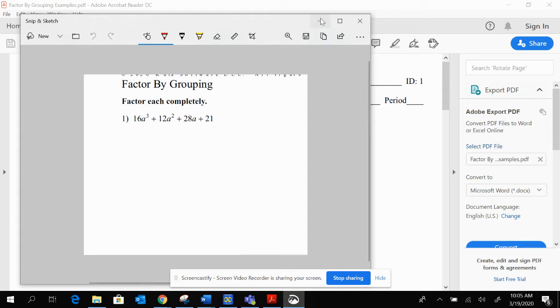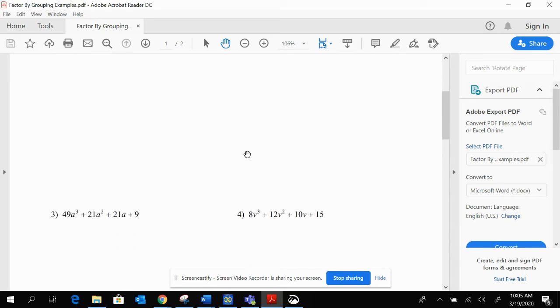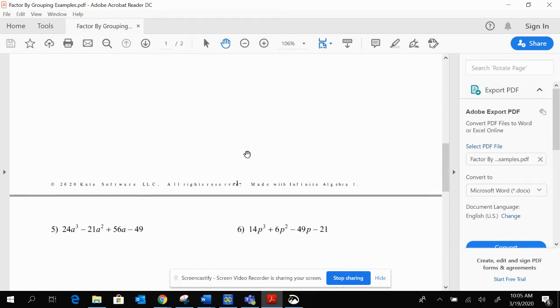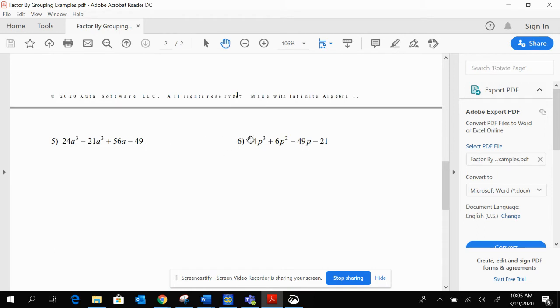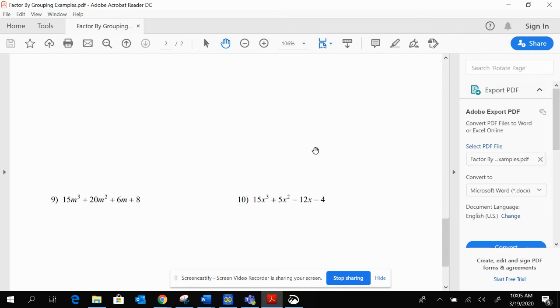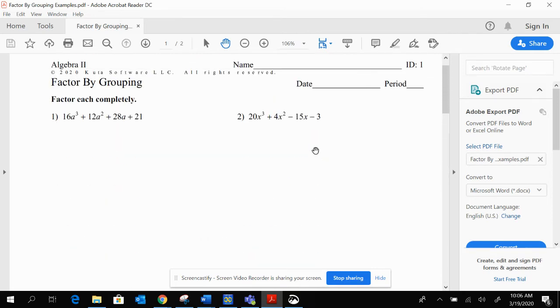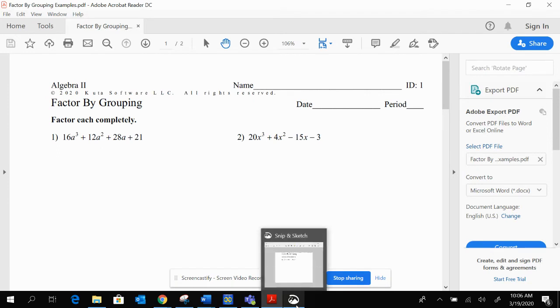If you take a look at number 2, 4 terms. Number 3, 4 terms. Number 4, 4 terms. All of them have to have 4 terms to factor by grouping. So that's a big dead giveaway. If the problem has 4 terms and it says factor, then you're going to have to factor by grouping.